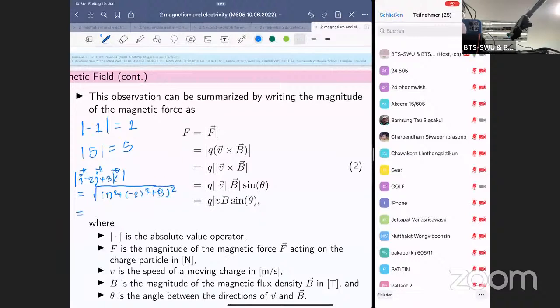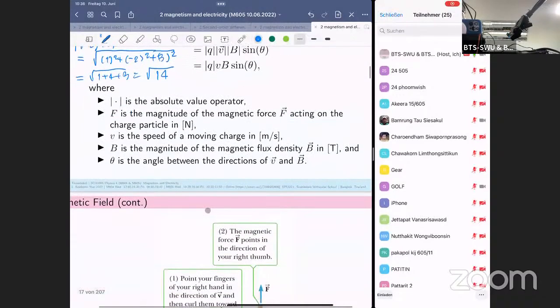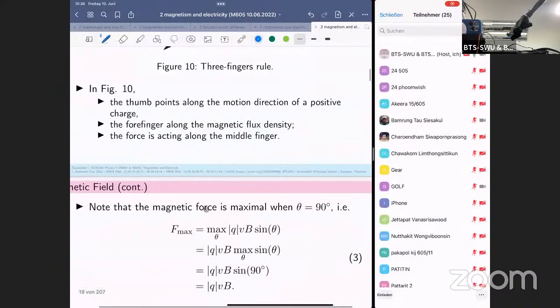And of course, you get the square root of 1 plus 4 plus 9, which is the square root of 14. Okay, the absolute value can cover both the scalar quantity and vector quantity, like this.